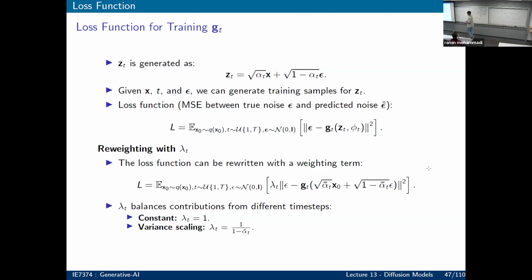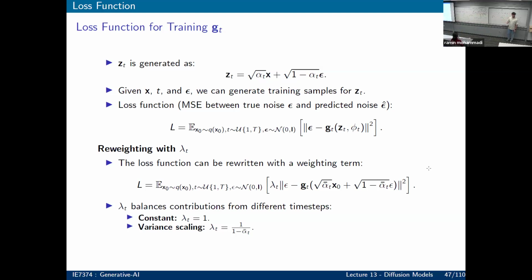So think about what's happening here. You're telling a model that I sampled a noise. Using that noise, I perturbed an image from here all the way to here. Then you pass this image to a model G, and you ask this model, what was the noise added?